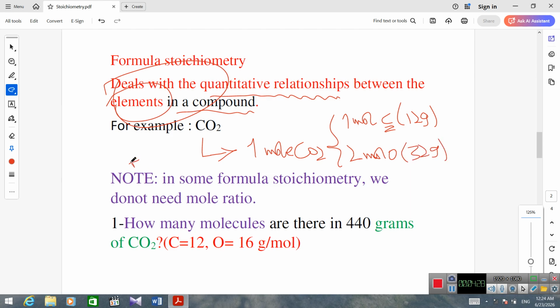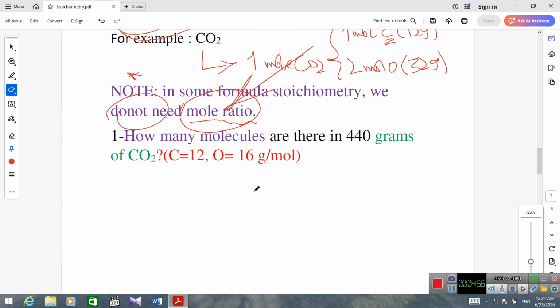The most important thing is that in some formula stoichiometry problems, we don't need a mole ratio. The most important thing in problem solving is the mole ratio, and in formula stoichiometry only in some cases, but in reaction stoichiometry we always use mole ratio.